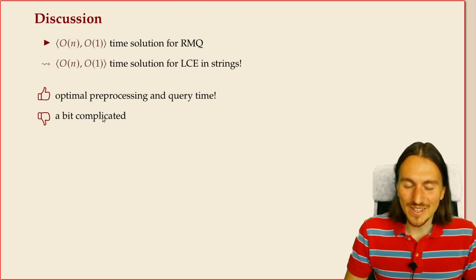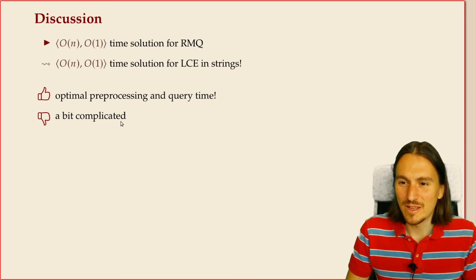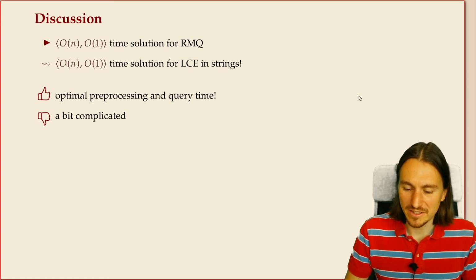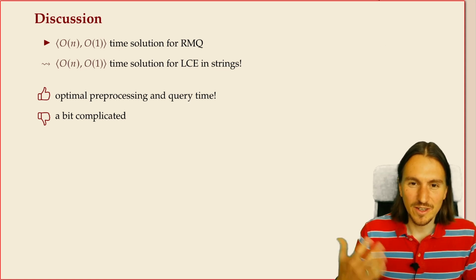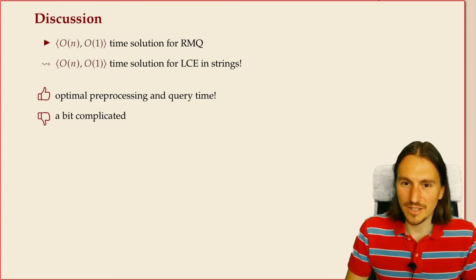It is a bit complicated, I agree. Also to implement it, there are tricks where you can simplify it a bit and compromise on the theoretical guarantees. But the theoretical guarantees are best possible, and this is also a fairly recent result that I like very much.